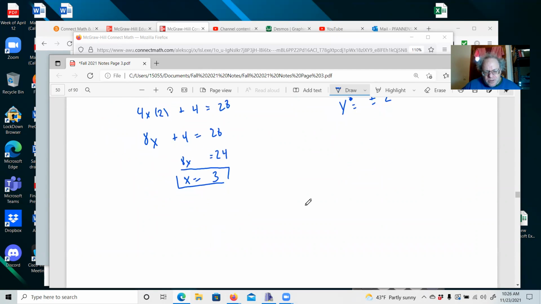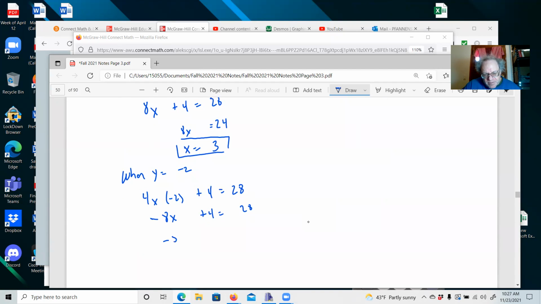When y equals negative 2, we have 4x times negative 2. Y squared is still 4, equals 28. So we have negative 8x plus 4 equals 28. So negative 8x equals 24, and x would be negative 3.